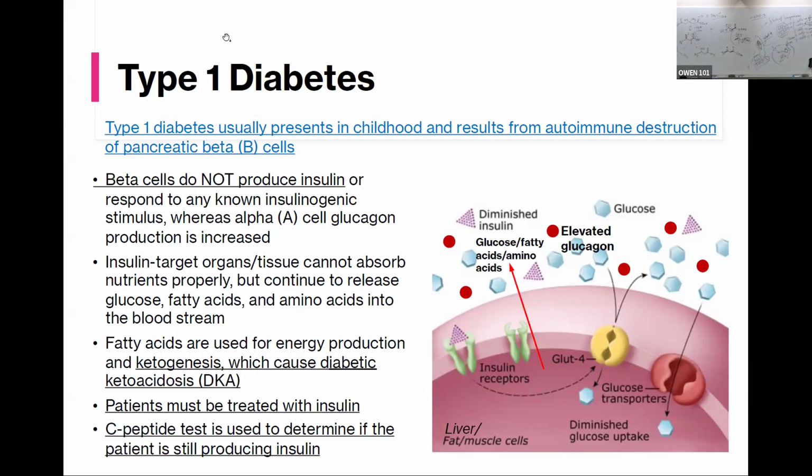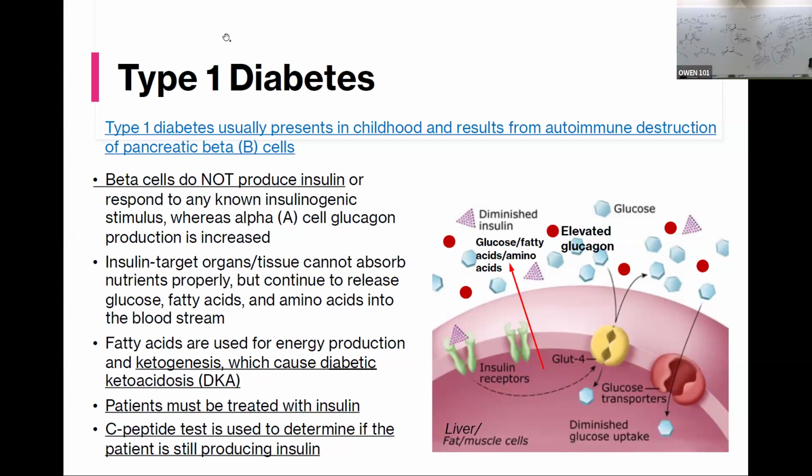Because of that, the body starts using fatty acid to run the cells, so you produce a lot of ketone bodies, as you can see here. This is acidic, and lactic acid is produced as well. That's why you get diabetic ketoacidosis, right? The acidity comes from these ketone bodies, because they are produced in large amounts. And the patient must be treated with insulin.